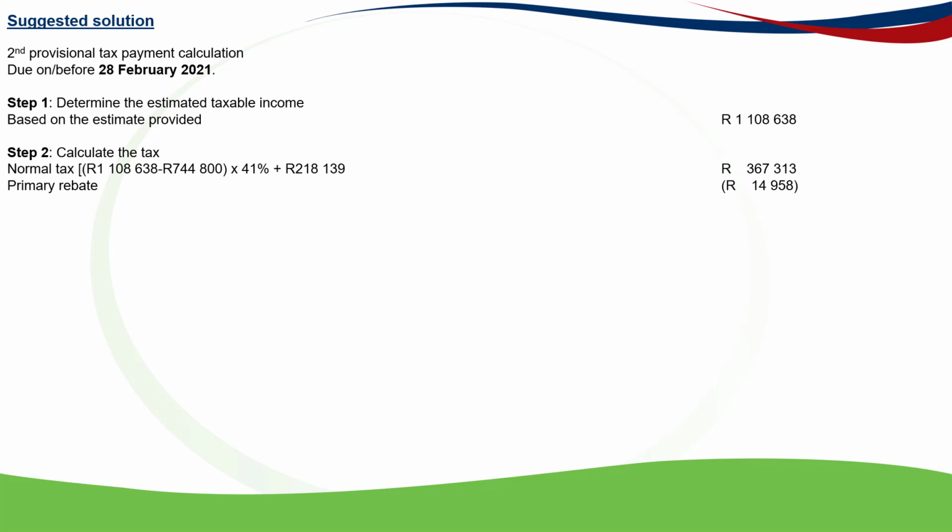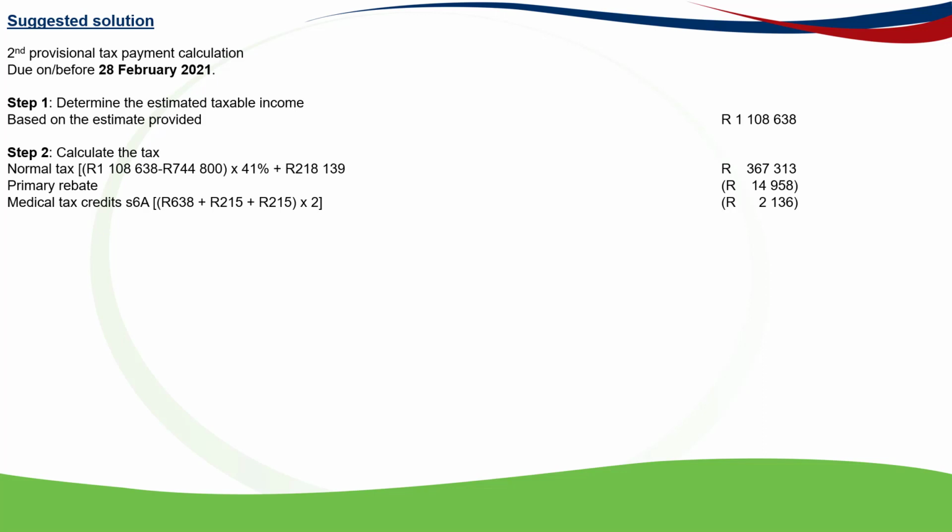The primary rebate in this case is the same as in the first provisional tax calculation. That would be the 14,958. And then the 6A medical credits will be made up of the monthly amount of 638 being for the taxpayer and one dependent, as well as 215 rands for each additional dependent.